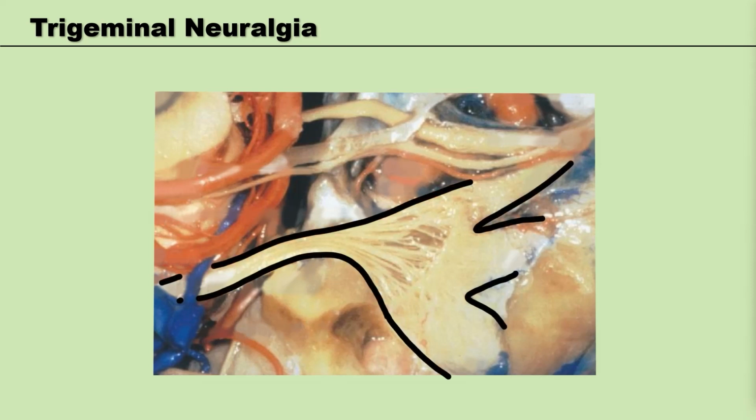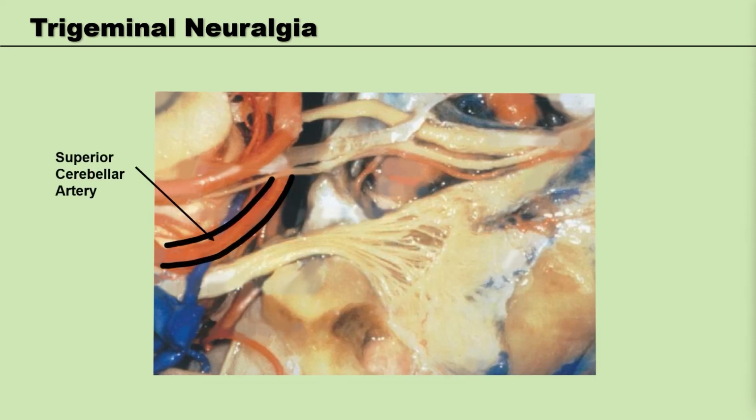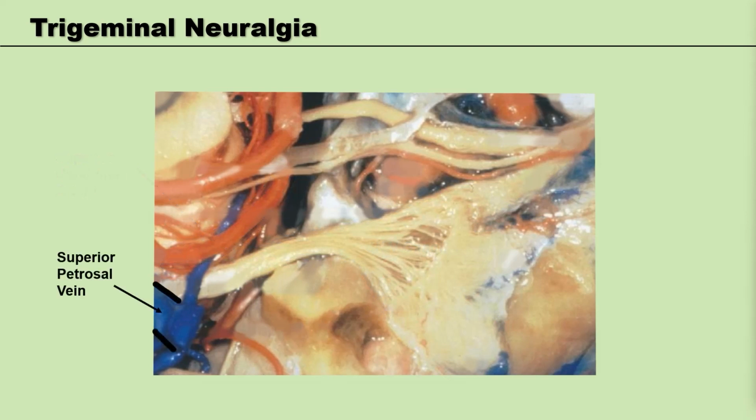Here we can see the trigeminal nerve and ganglion, and the three branches arising from the ganglion. If we look at the root of the trigeminal nerve, we can see there are several nearby vessels, some of which we have already mentioned. First, we can see the superior cerebellar artery and the superior petrosal vein.